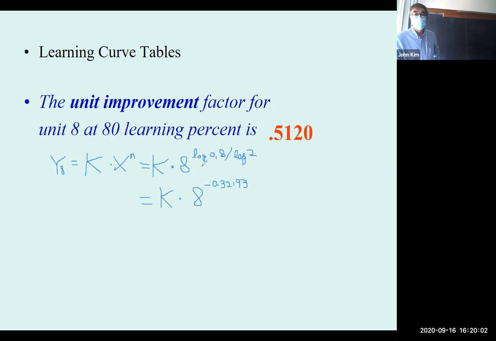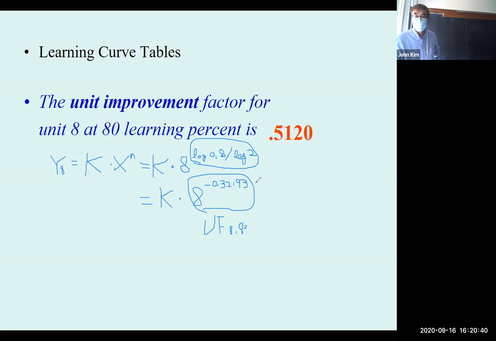If you have a calculator with a log function, try this one. Log 0.8 divided by log 2, then it is negative 0.32193. So this part is the same as the unit factor at eighth at 80%.